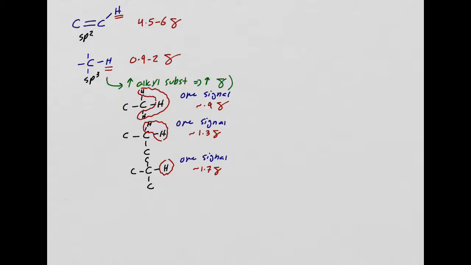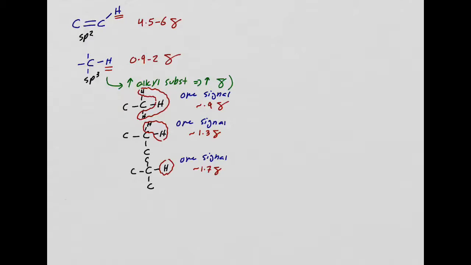All right, so this is what I mean by that. So you have sp3, so you have a hydrogen attached to a sp3 carbon. So we're looking at the hydrogen attached to an sp3 carbon, right? But again, this sp3 carbon, you can have one carbon attached to it, two carbon, or three carbon attached to it. Now, depending on that, the chemical shift is going to be different.